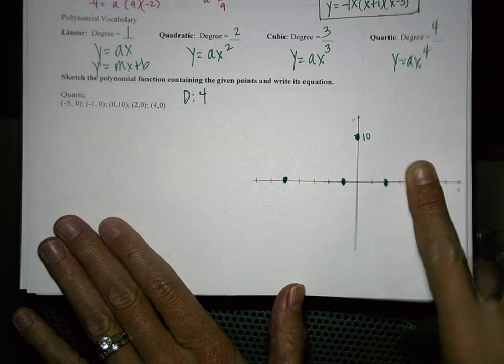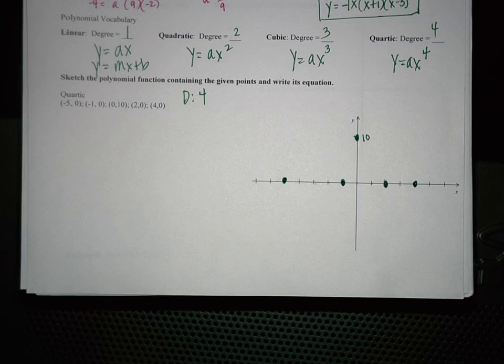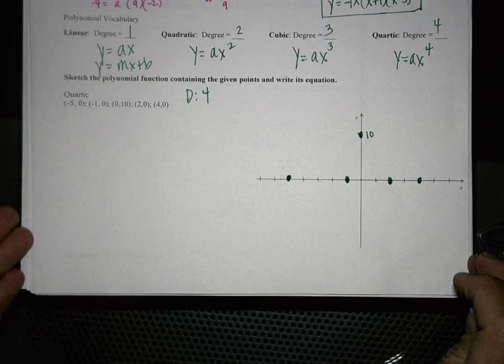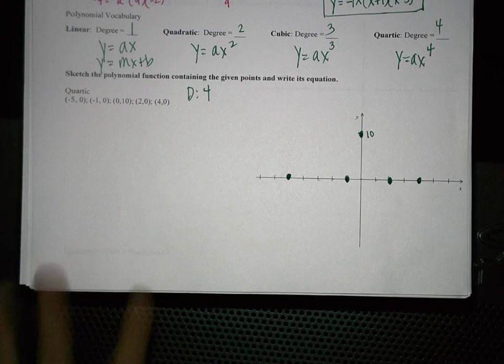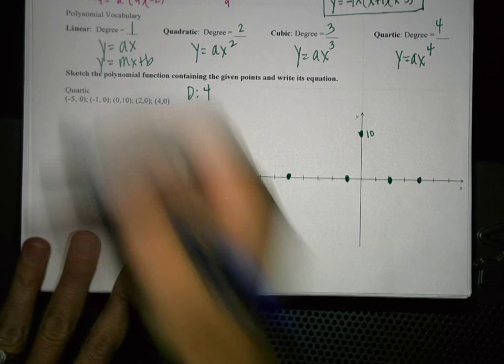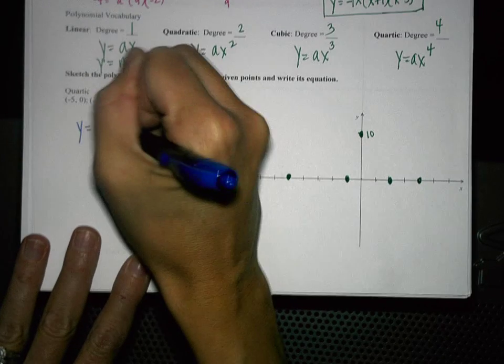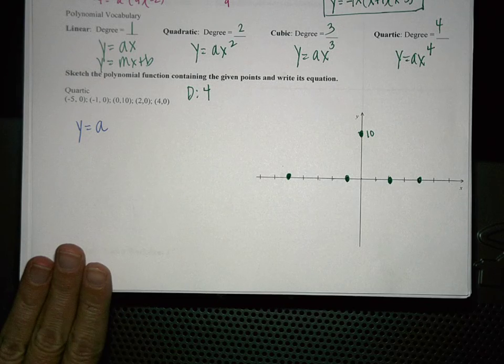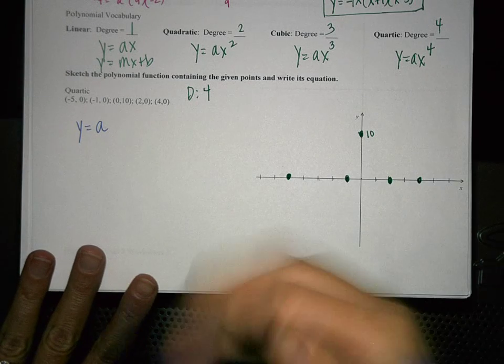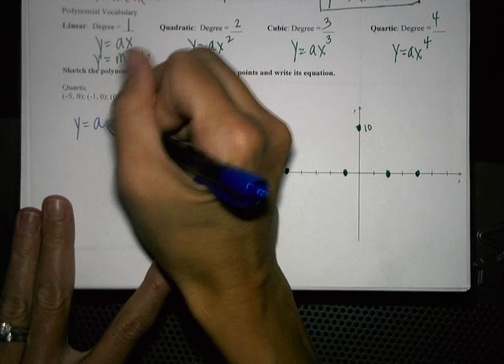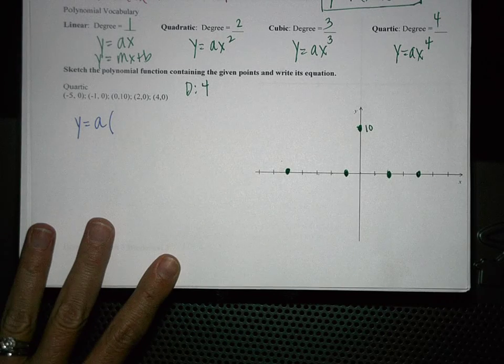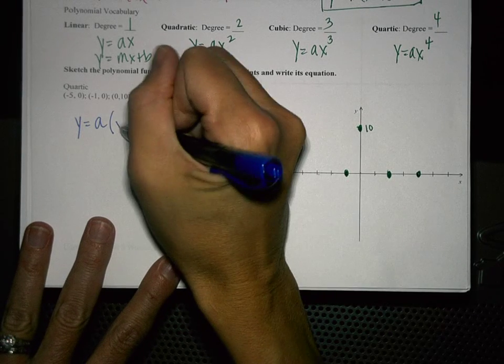So you have to look at how many x-intercepts you have. If I am writing this out with the information we know, right now I'm going to write y equals a, because I'm not sure about my a value yet, and then each of my parentheses. So my first parenthesis is going to be what? X plus 5.